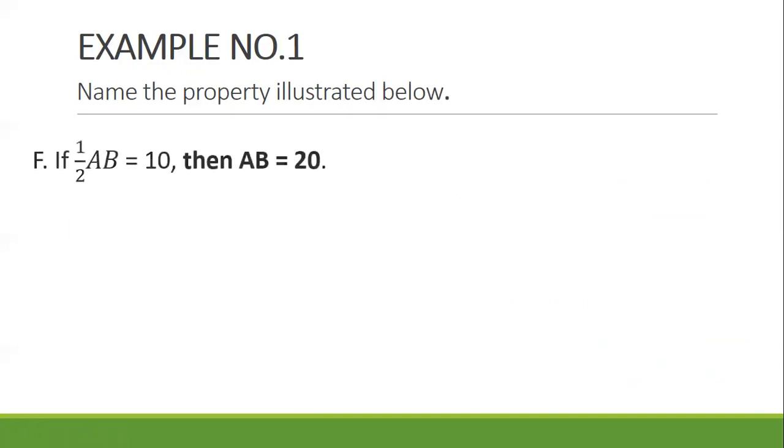So let's have letter F. If 1/2 AB is equal to 10, then AB is equal to 20. Anong property of equality ang ginamit dito? We use the multiplication property of equality. Why? Because we multiply 2 to this side and to this side.